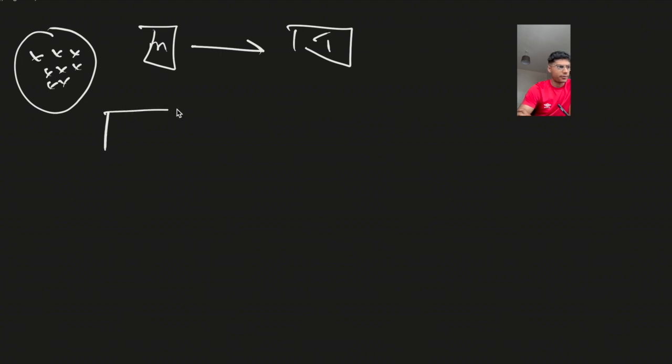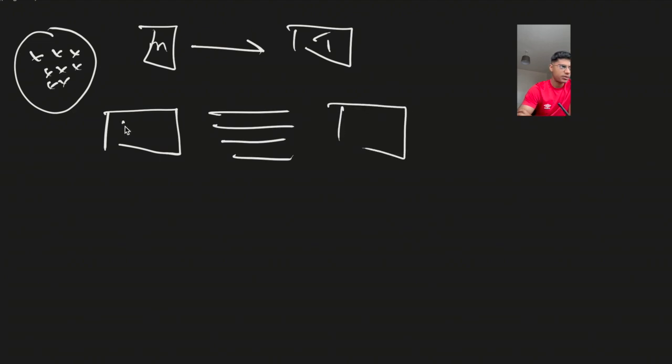Just to recap, parallel transmission is where there's a number of transmission lines. And say these are the communication lines where the goals are communicated. So goal 1 is communicated, goal 2 is communicated, goal 3 is communicated, and goal 4 is communicated.